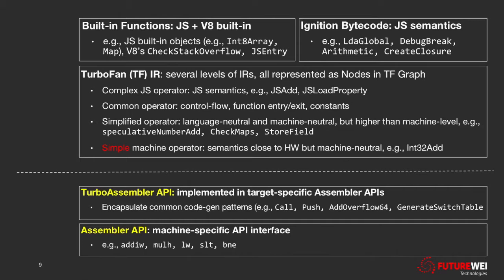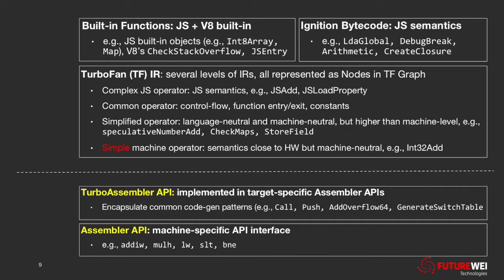If you look at the bottom level, called the assembler API, these are very close to what a machine instruction would look like. For example, for RISC-V, we have APIs called AddIW, which is the same name as the RISC-V add immediate 32-bit instruction, or BNE, which is branch not equal.